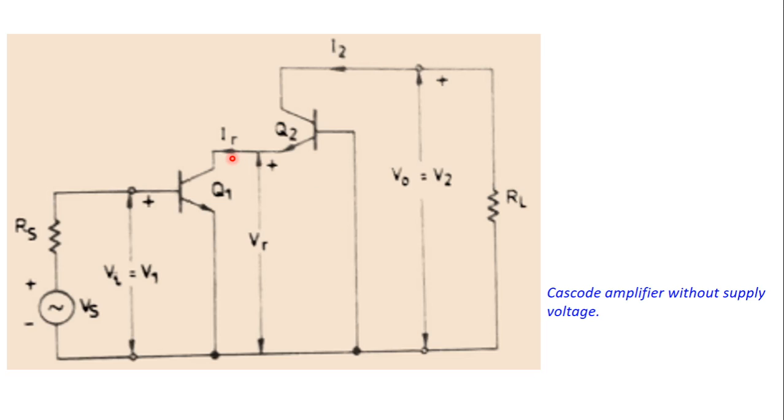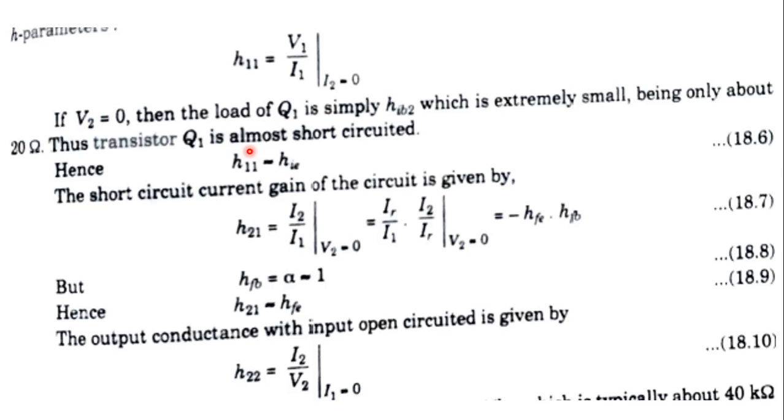That is a pretty low value, so we can say the output terminal of Q1 is a kind of short circuited, because we can neglect this 20 ohm. Thus the transistor Q1 is almost short circuited, and hence H11 becomes HIE.